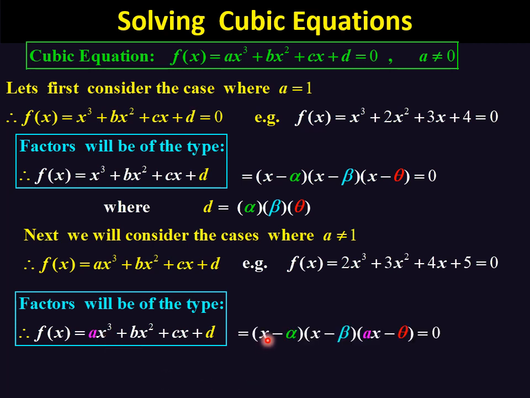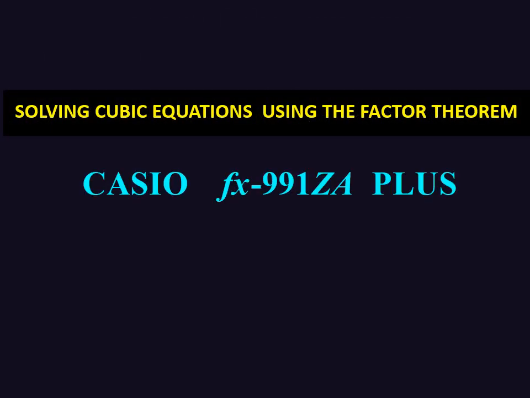So I'll have x minus the one root, x minus the other root, but because I have an ax, one of the factors here would be ax, because ax times x will be ax cubed. But the same way, alpha times beta times theta should still give me a d. So those are the 2 types of cubic equations that we will generally work with.